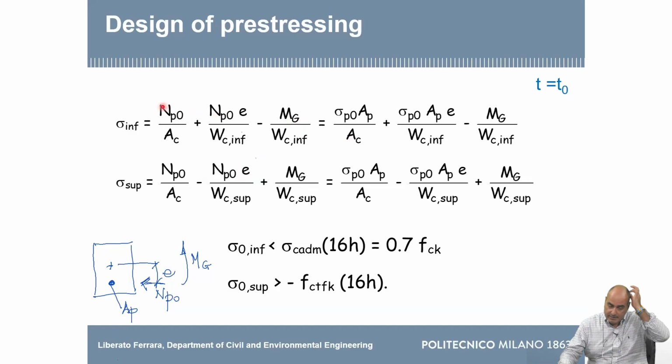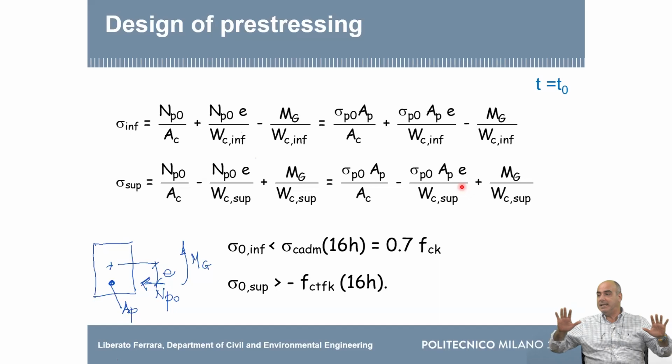Well, now you elaborate a little bit, you know what NP0 is, and so on, and you end up with this. And you see that actually you have here two equations with two unknowns. The two unknowns are AP, sorry, AP and E. So in a sense, you can say that your problem is at least well posed because you have been able to write the same number of equations as the unknowns of your problem.